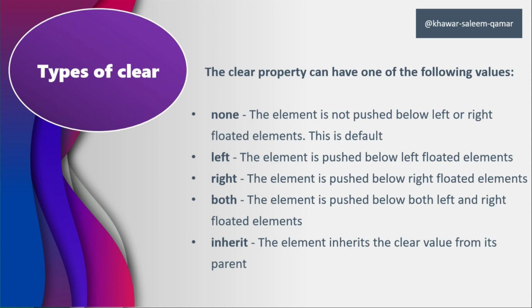In left, the element is moved towards the bottom of the left floated element, meaning the element which has the float value of left, it just moves below that. And in right, the opposite happens, the element moves below the element that has the float value of right. Whereas in the value named both, the element is pushed below both left and right floated elements, and inherit is the same, it inherits the value from its parent.